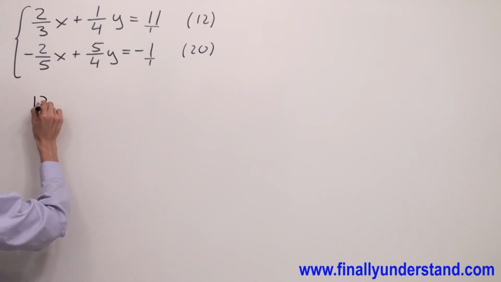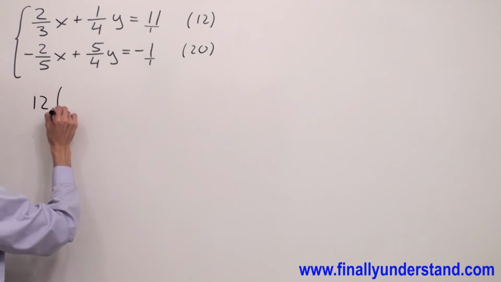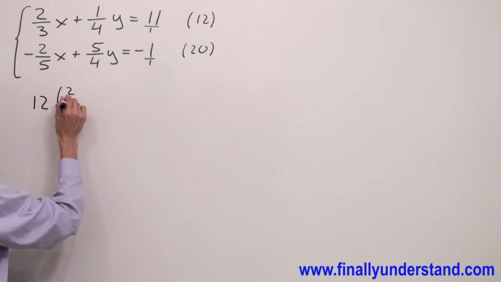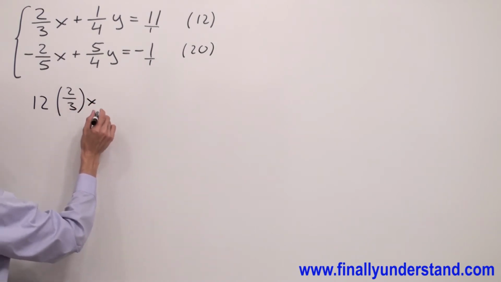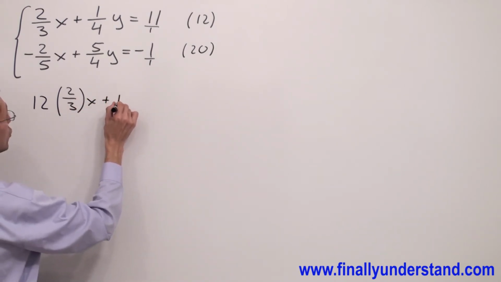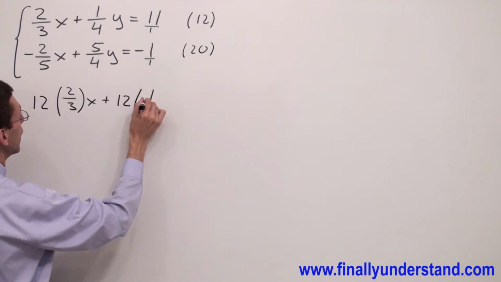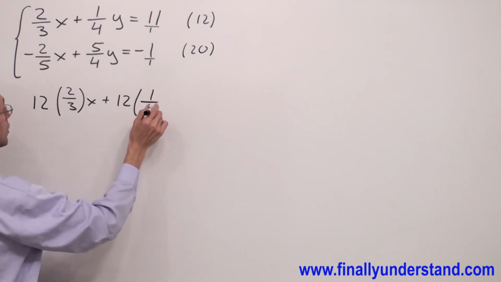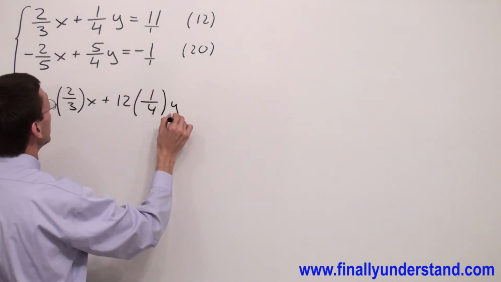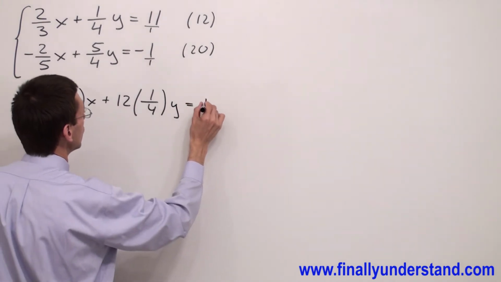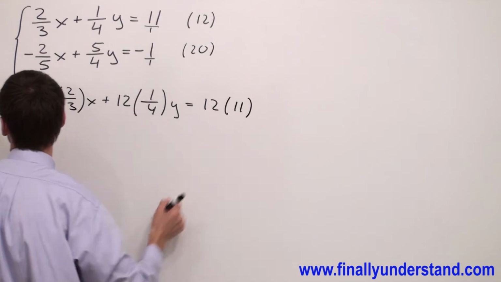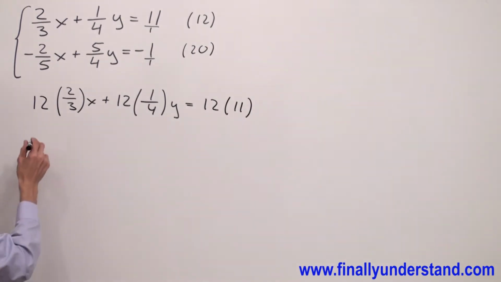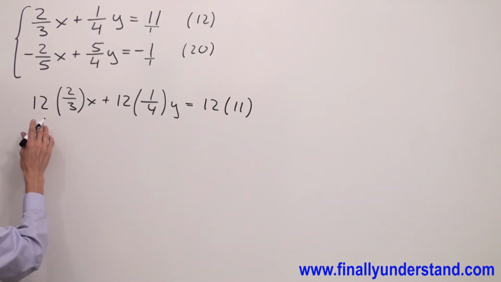I have 12 times 2 over 3x plus 12 times 1 over 4y equals 12 times 11. Next, I'm supposed to multiply the second equation by 20.